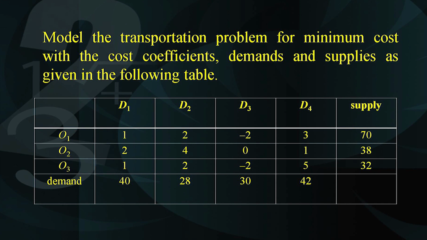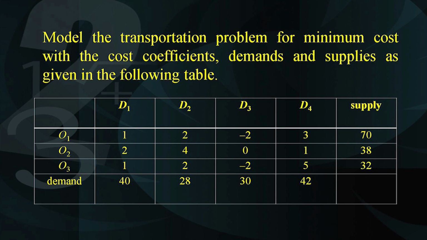Each commodity can be transported from the ith source to the jth destination, and these are the costs that are given. For example, from the first origin, the cost of transporting the good to the first destination is given by this constant 1. Similarly, from the first origin to the second destination it is 2. Like this, the cost of transporting the good from each origin to each destination is given in this table.